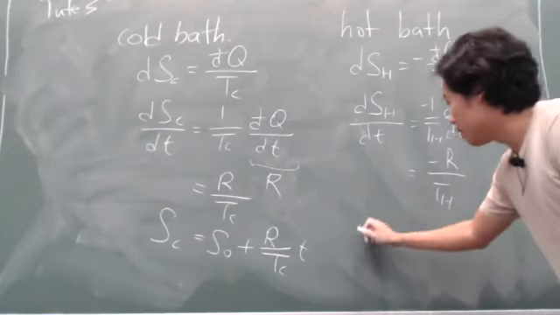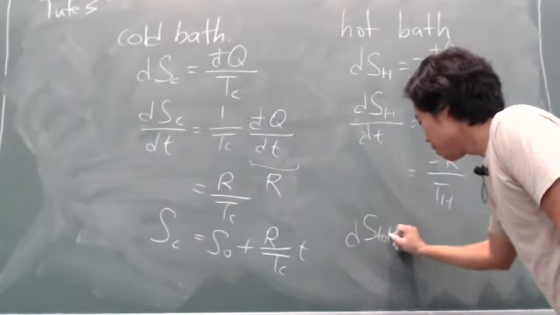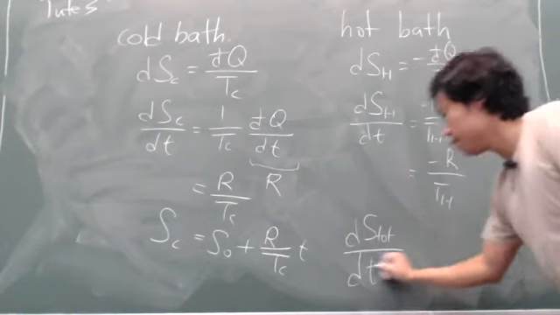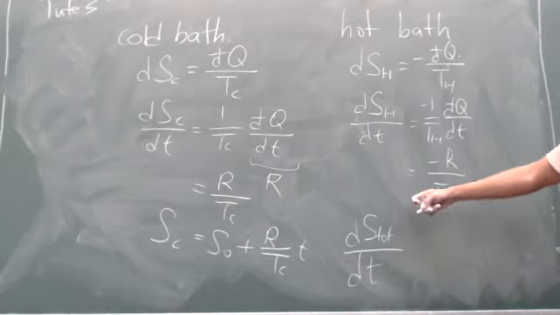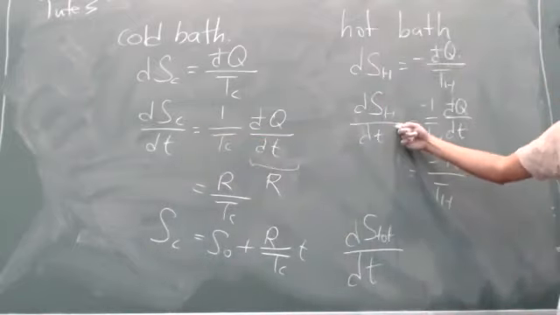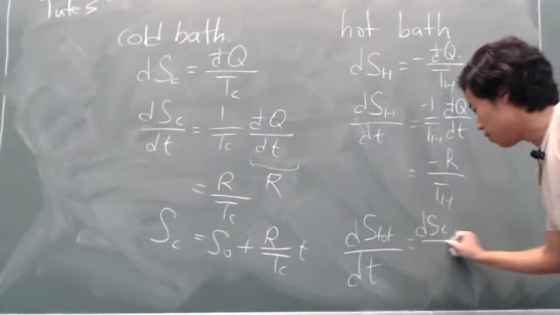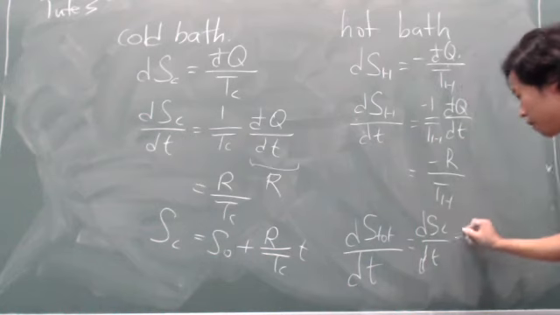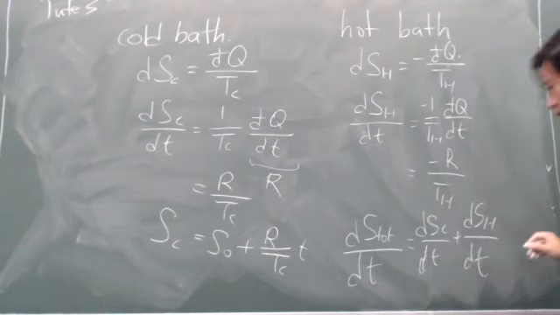If you now look at the change in the total entropy with time for this entire system, it will just be the sum of the entropy change in the cold bath plus the entropy change in the hot bath. That's dS cold dt plus dS hot dt.